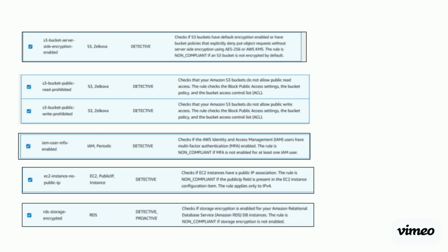So these are the rules for Config: S3 bucket server-side encryption enabled, S3 bucket public read and write prohibited, IAM user multi-factor authentication enabled, EC2 instance no public IP, RDS storage encrypted. After reviewing the selected settings, I clicked on confirm, and the AWS Config setup was completed.